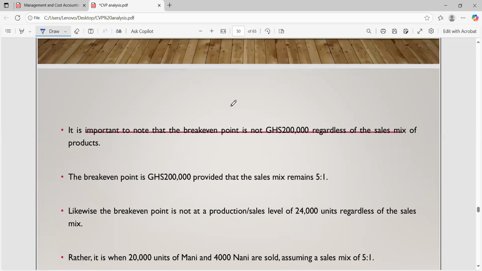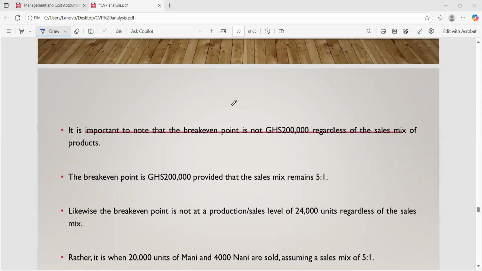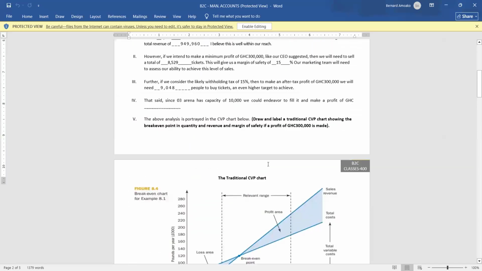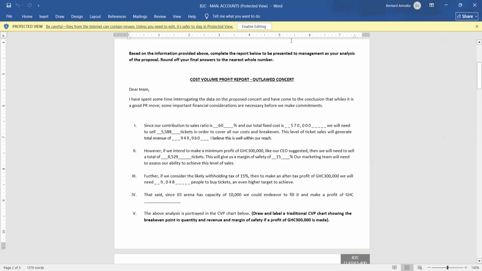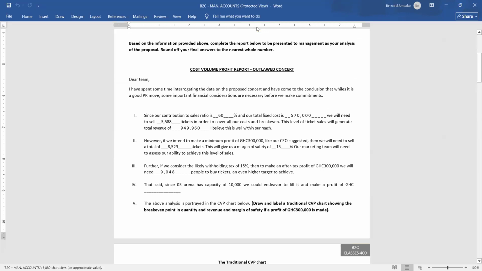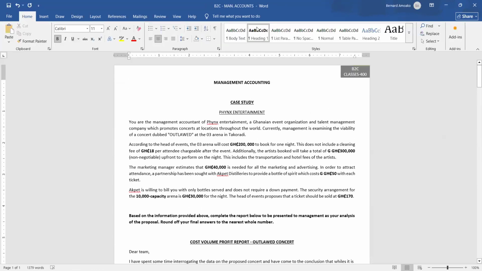Now, that question that we'll pick will be from your mid-sem. Okay. So this is a mid-sem question that was given to them to solve. And that is what we'll use for studies in our next meeting.